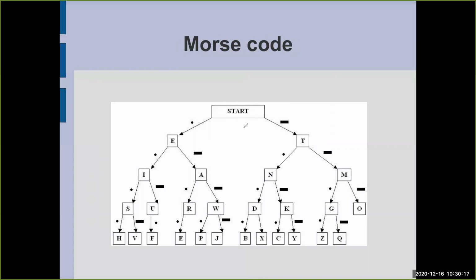I'd like to tell you that the first, let's say, digital interface was something called Morse code. I hope some of you know this method, but probably you don't know why particular character representations were used. In the Morse alphabet, every character is represented using a set of dots and dashes.